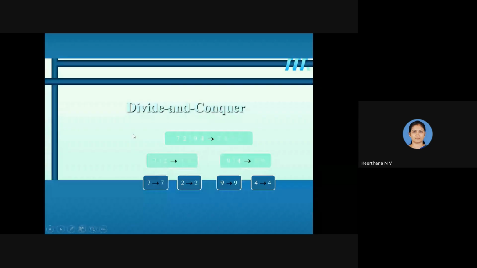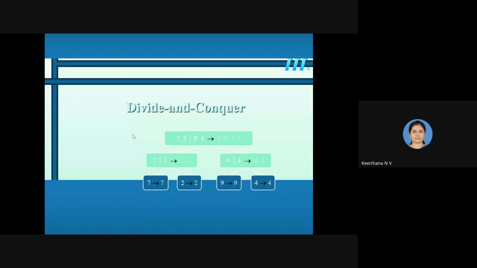In the divide and conquer technique, this technique can be applicable for mathematical problem solving also. When it is applied to mathematical problems, you will have a sequence of problems. Those are divided into subproblems, and you will be applying your solution to each and every subproblem.